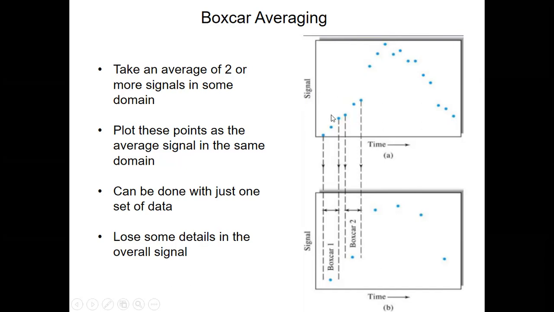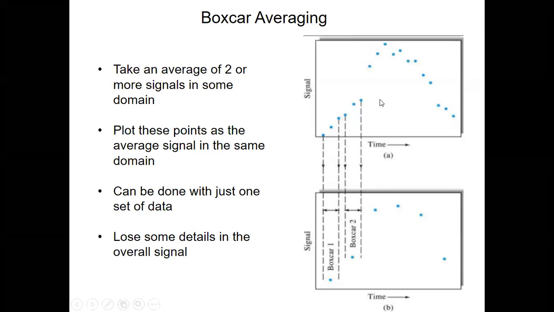So this is the original spectrum, and you will get a spectrum after boxcar averaging. The spectrum will look like this. Here also you can see the peak is smoother than the original. We will get a smooth, nice peak after boxcar averaging.